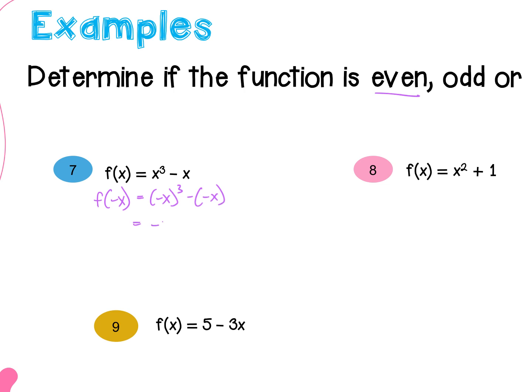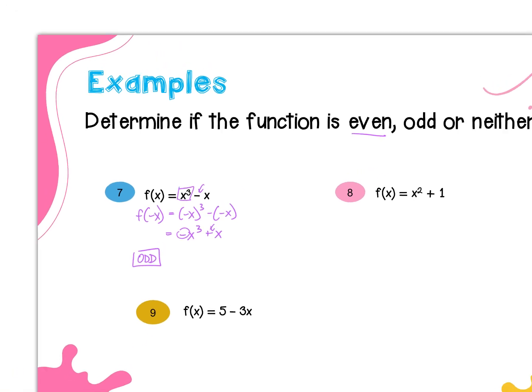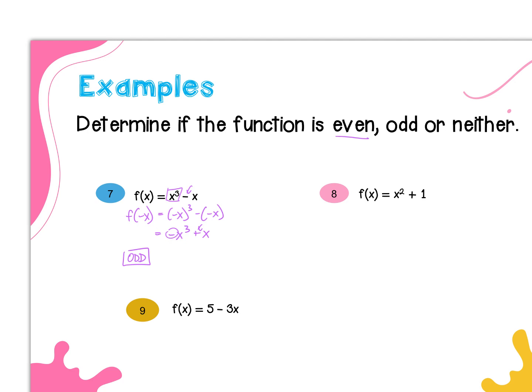When I do that, I get minus x cubed plus x. Notice here that my original x cubed was positive, now it's negative. My original x was negative, now it's positive. All my signs changed. Because of that, I know that this is an odd function, okay? And because it's odd, I know it's going to be symmetric to the origin.